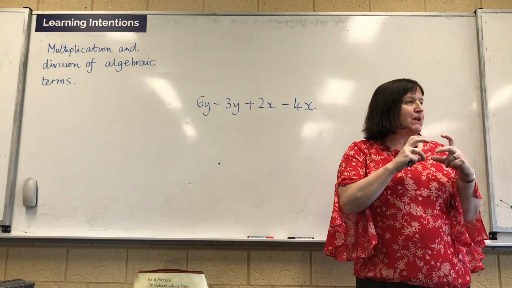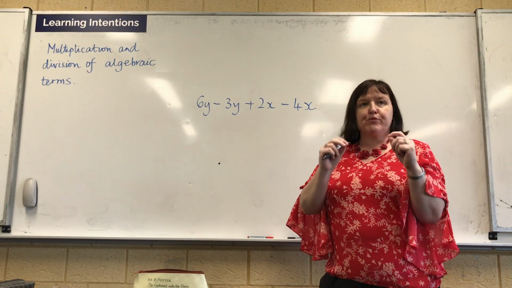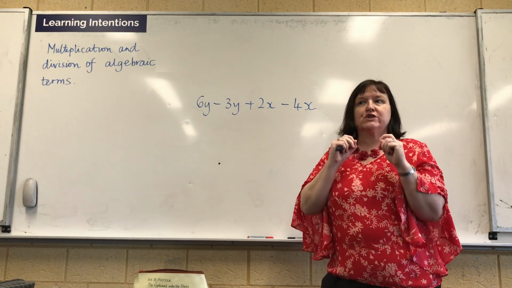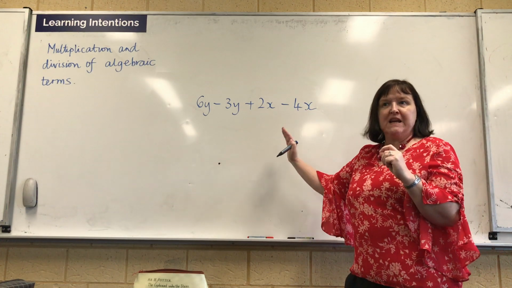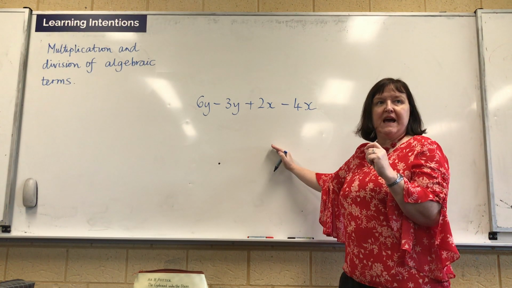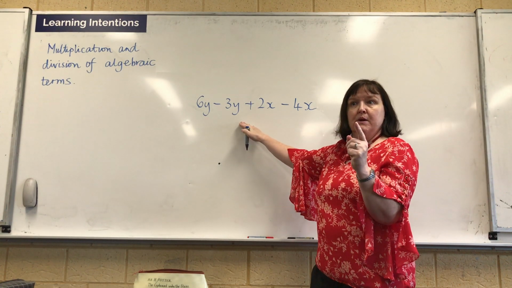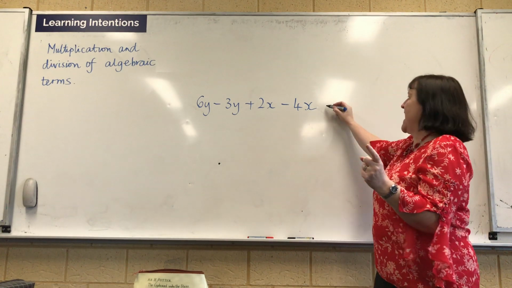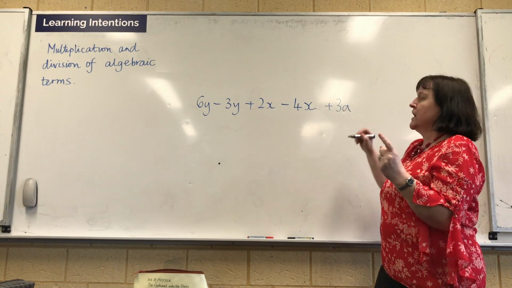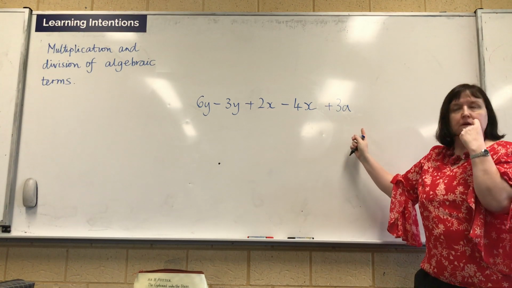You've got the pronumeral y and the pronumeral x. Now, when you simplify by adding and subtraction, the pronumeral does not change, okay? So in the finished simplified expression, you should still have a y term and you should still have an x term, okay? Now, if I add 3a there, you would also have an a term, but you don't have to simplify that one.